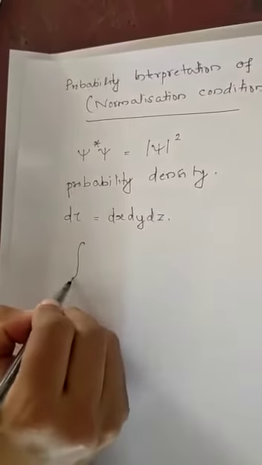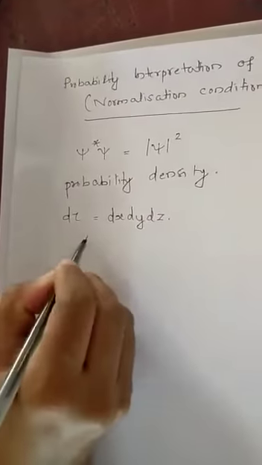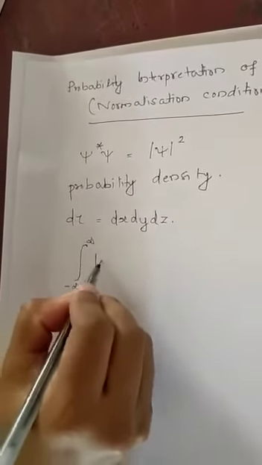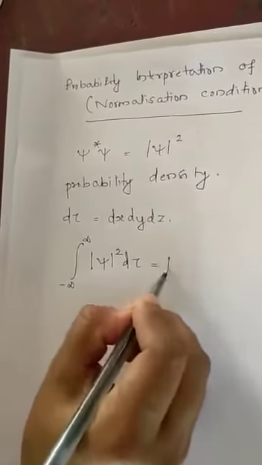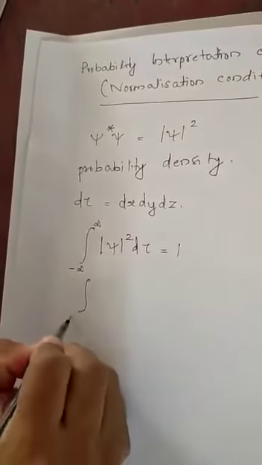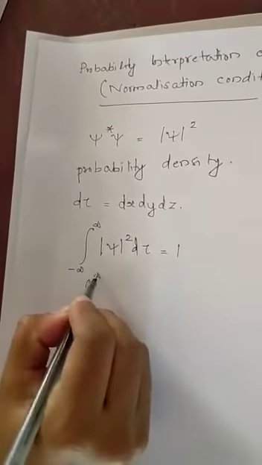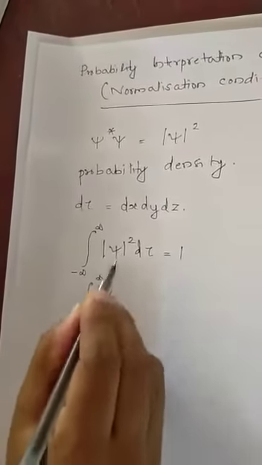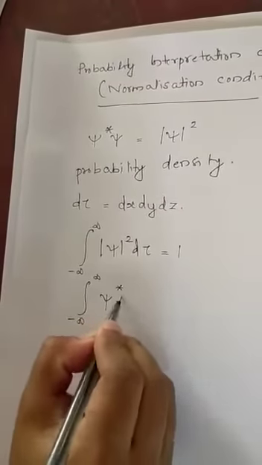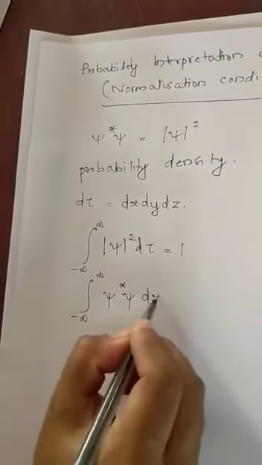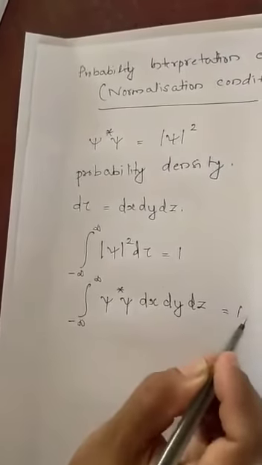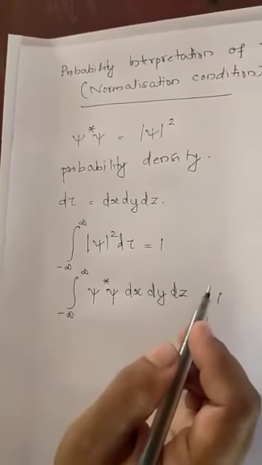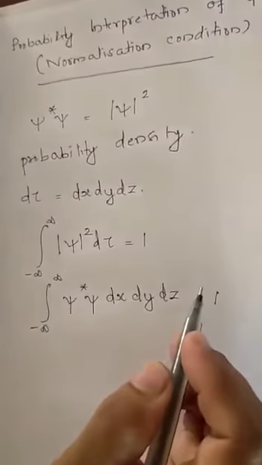That is, the integral from minus infinity to plus infinity of mod psi square d tau equals 1, where mod psi square equals psi star psi and d tau is the volume element.